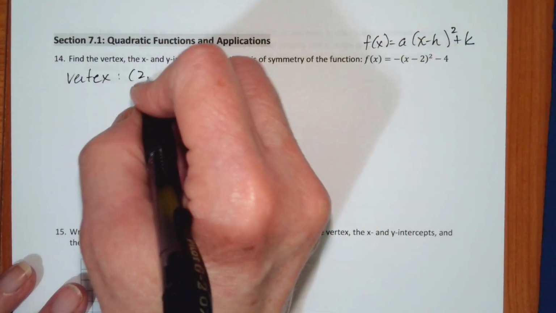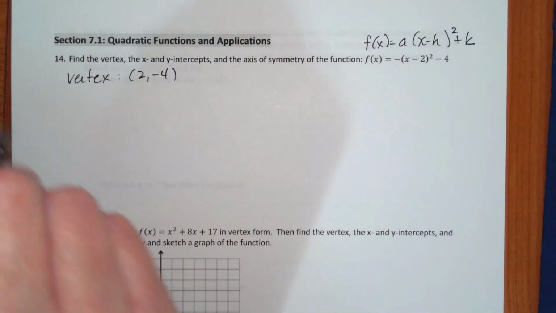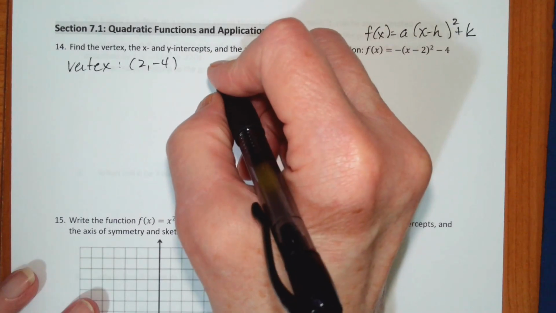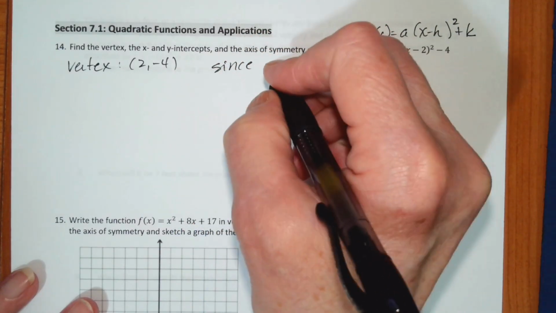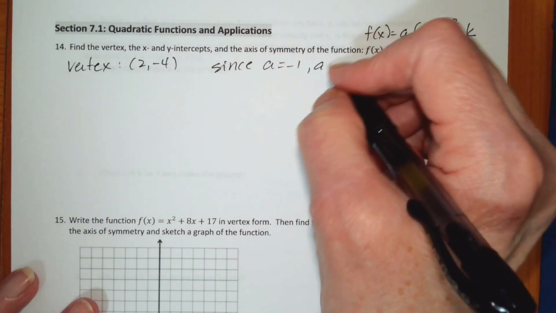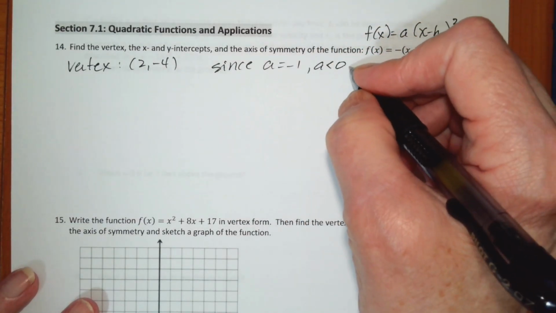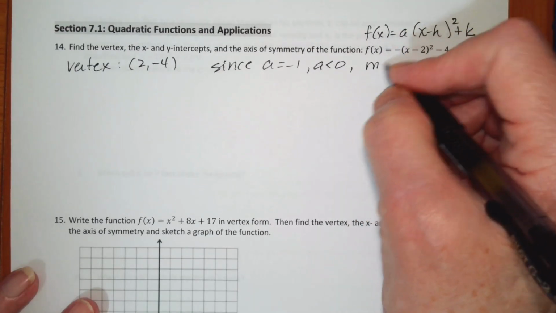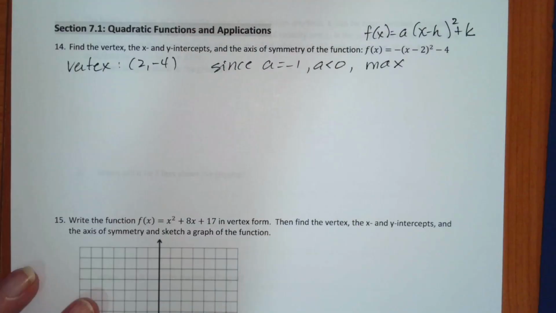It is 2, -4. Since a equals -1 and a is less than 0, that makes the vertex a max.